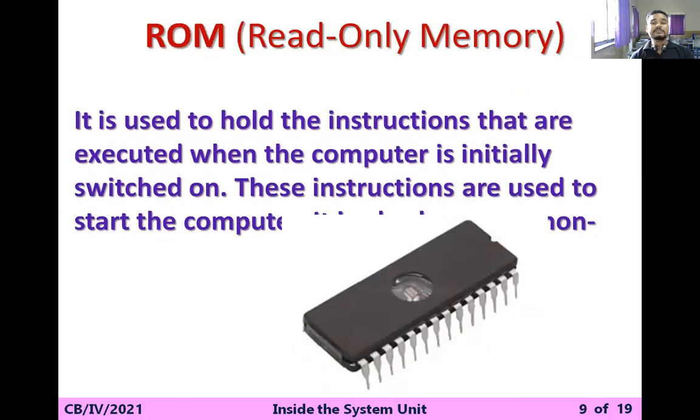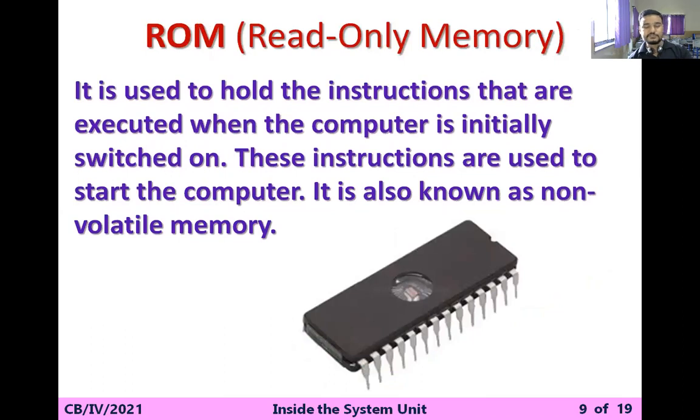Now, this small chip which is present on your computer is called ROM. Nowadays, ROM is very famous in our phones: 4 GB RAM, 64 GB ROM. ROM is also main memory, but it stores data permanently.